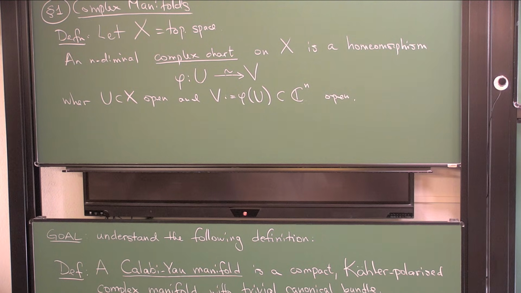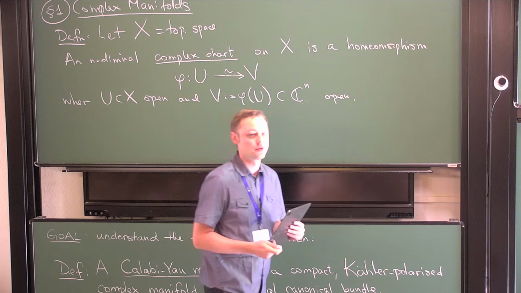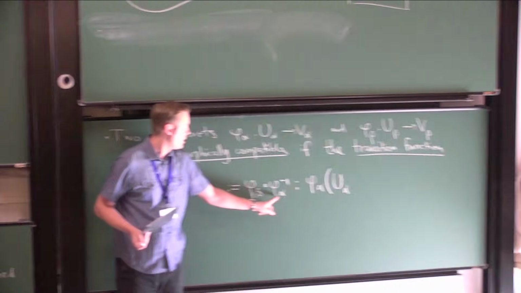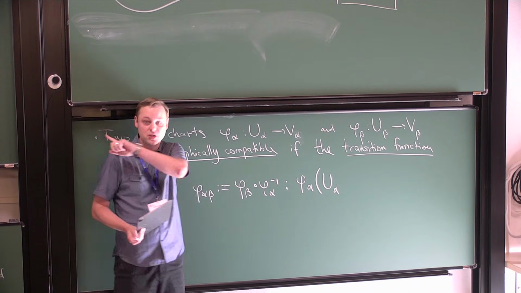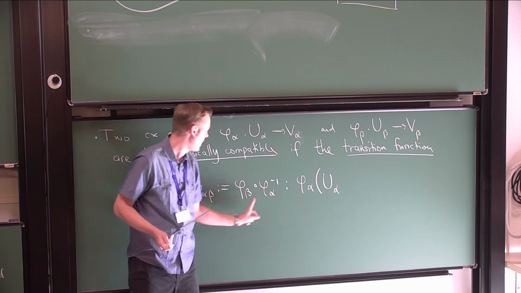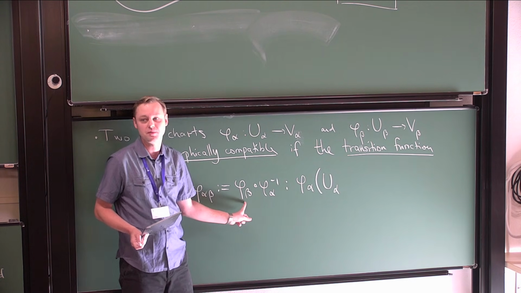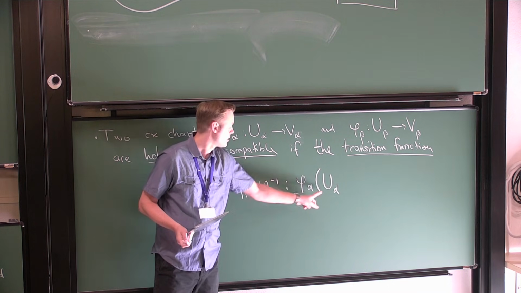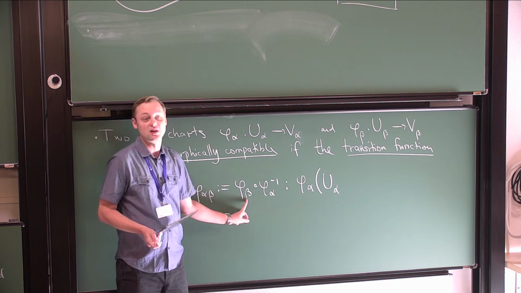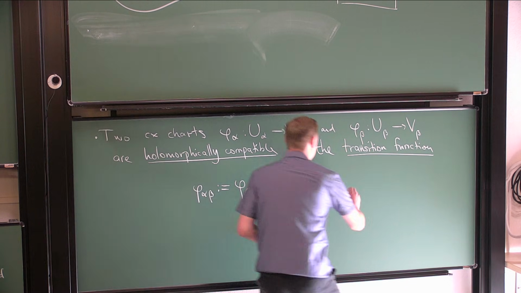So it goes from the codomain of phi alpha, which is of course the V alpha or the image of U alpha. But I need to be able to make sure that once I get back to my complex manifold X under this inverse map, I need to be able to compose it with phi beta. So I better make sure that this domain intersects the domain of phi beta.